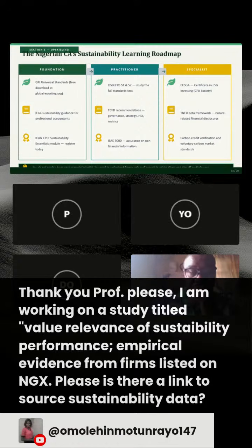And I've indicated before that the first thing you do, even if you go online and search for GRI reporting, you're going to see their standards there. It's free. You can download it. Start understanding what the standard requires. You can go into the IFAC website also and look at their sustainability guidance.